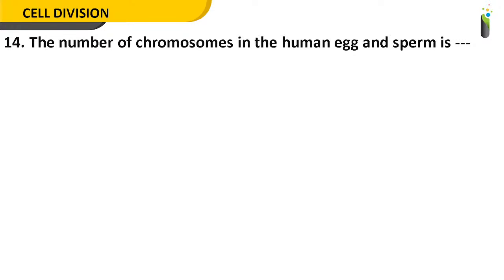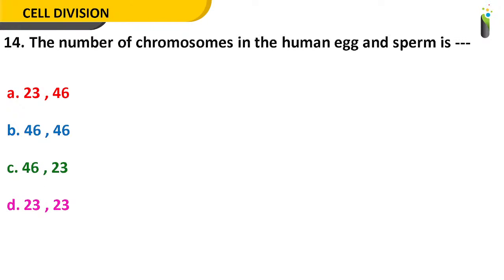Coming to the next question, number 14. The number of chromosomes in the human egg and sperm is dash. A. 23, 46. B. 46, 46. C. 46, 23. D. 23, 23.